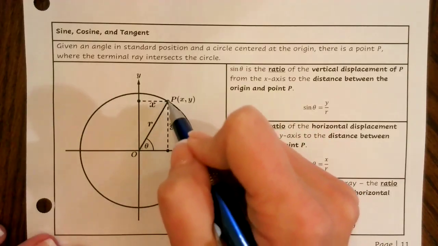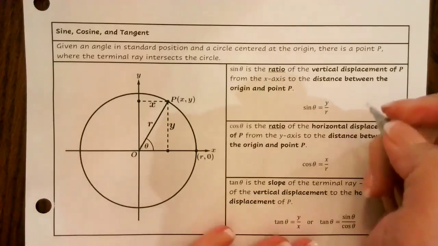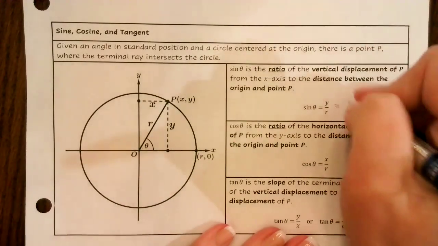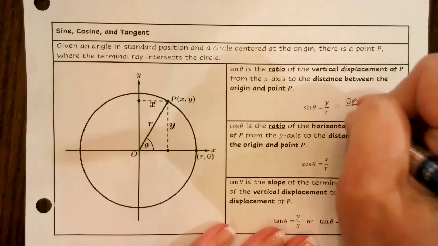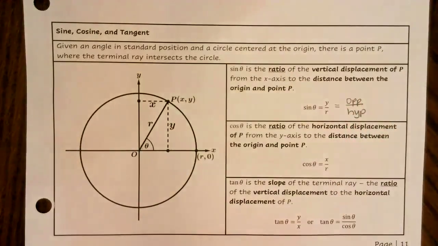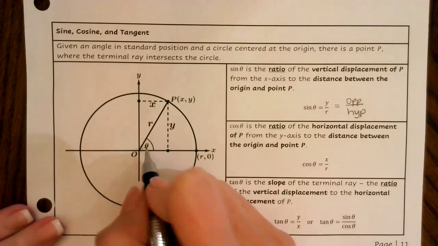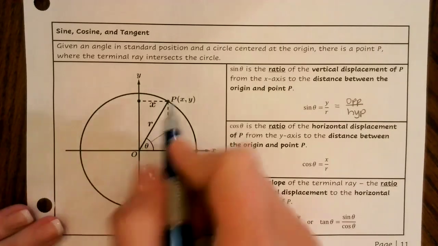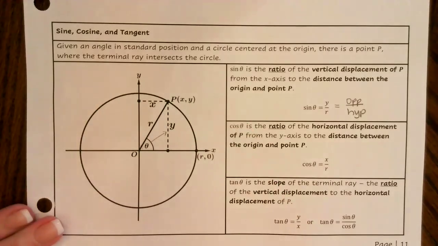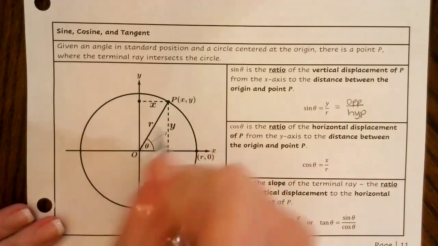That's because if you remember in geometry, sine is opposite over hypotenuse. And so if this is my angle, the opposite would be this one, and then my radius would be the hypotenuse, making this the 90-degree triangle.